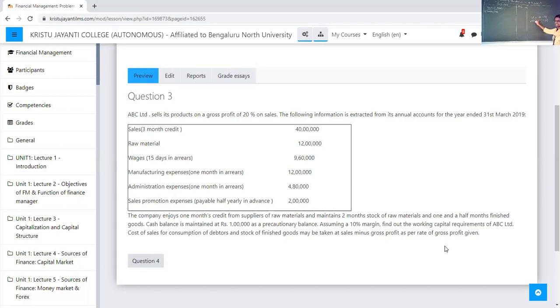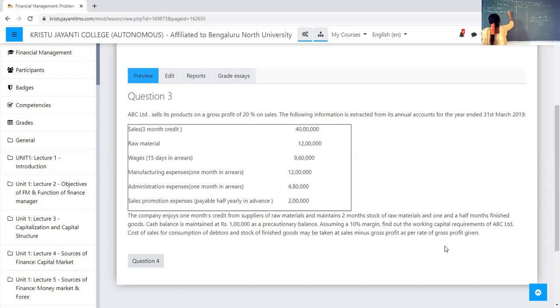Profit is 20%. So how much would be your cost? To find the cost, you have to deduct profit from SP. So how much is cost? 80%. Got it.